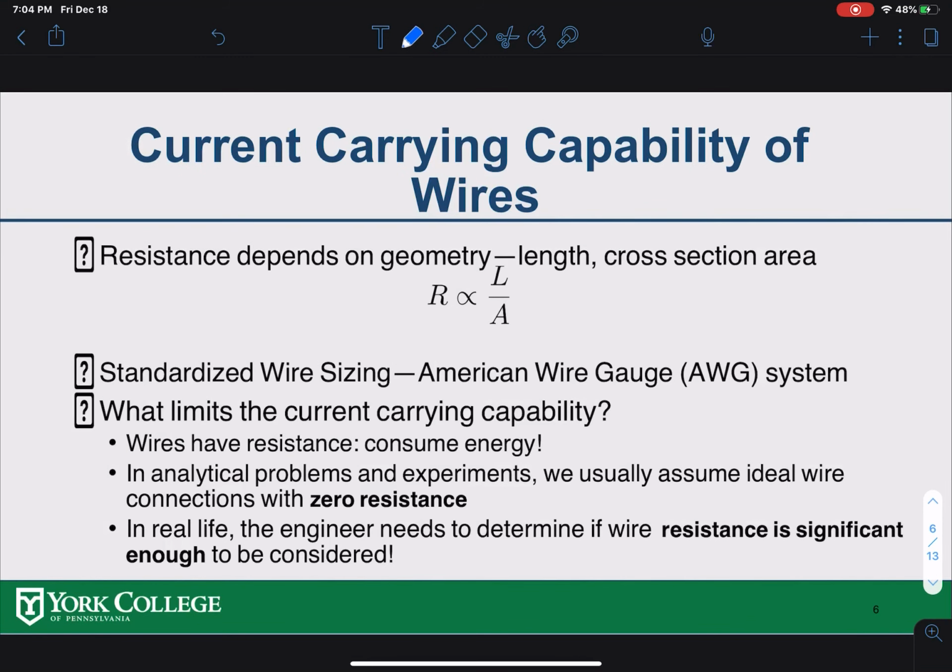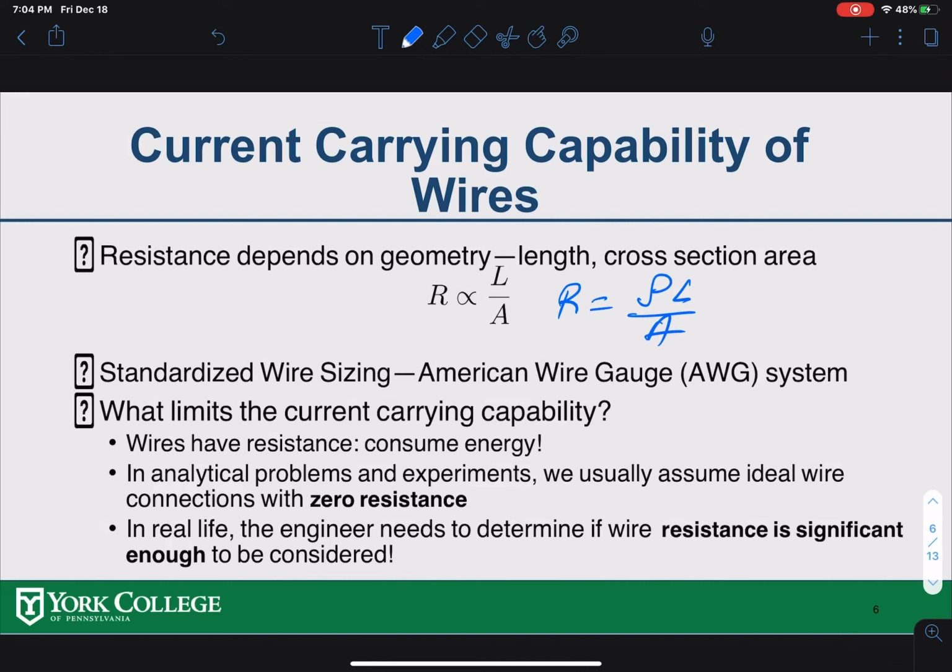So how much current can go through a wire depends on the resistance of the wire. So resistance R is directly proportional to L over A. And if I complete this equation over here, it is rho L over A. So rho is the resistivity of the wire or of the materials, L is the length, A is the cross section area.